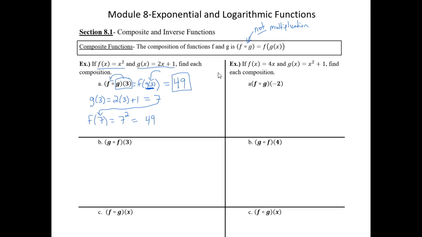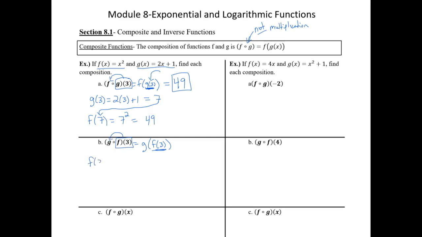Same thing in this next example down here. It says g of f of 3. Notice it's very similar, but the order has changed, and we'll see that the order matters here. So we need to know f of 3 first. Again, working inside out, and then that solution will go into g.